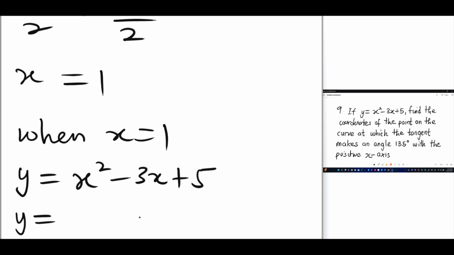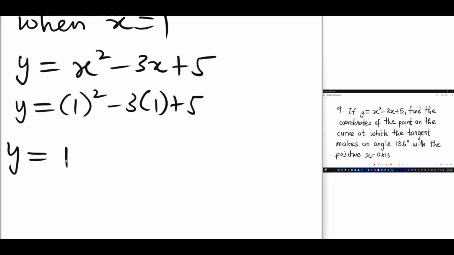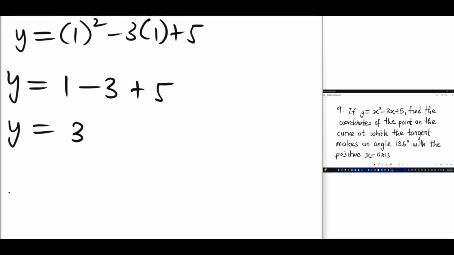So y is equal to 1 squared minus 3 multiplied by 1 plus 5, which is 1 minus 3 plus 5, so y is equal to 3. All right. So the point A where the tangent touches the curve, and the tangent makes an angle of 135 degrees with the positive x-axis, becomes a point with x coordinate of 1 and y coordinate of 3.